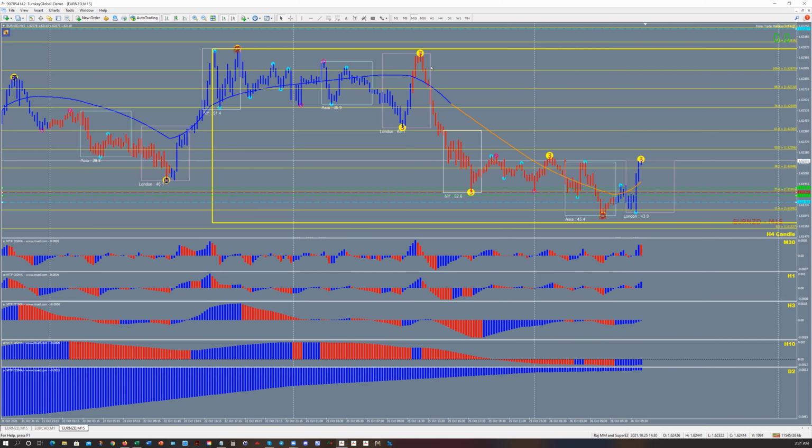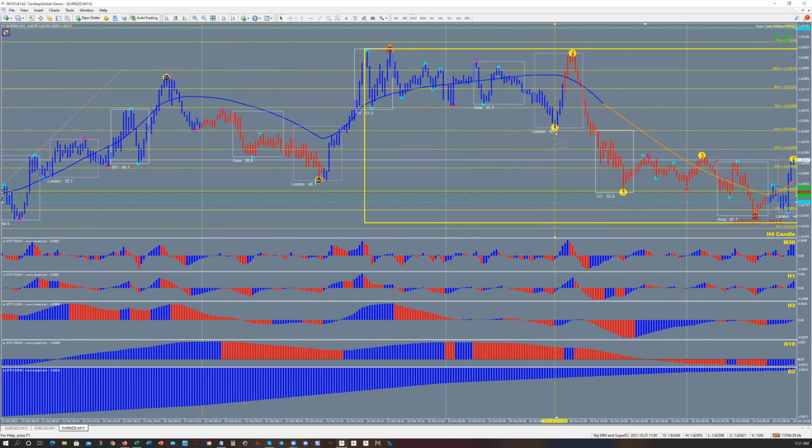So yesterday, here's your 3-ball, right? 2-ball on the 4-hour coming down, retrace on the 15-minute. This is what we would have played. Make sense?